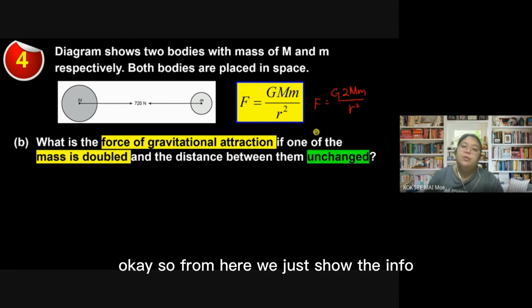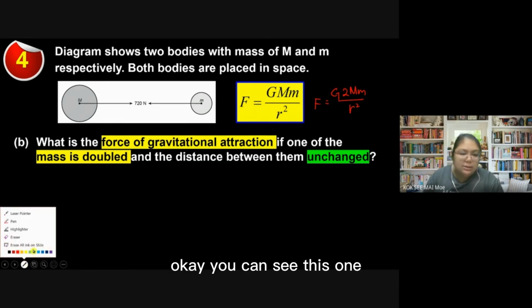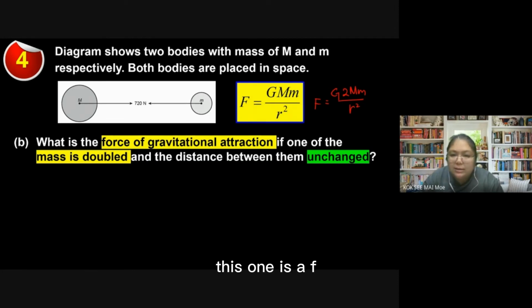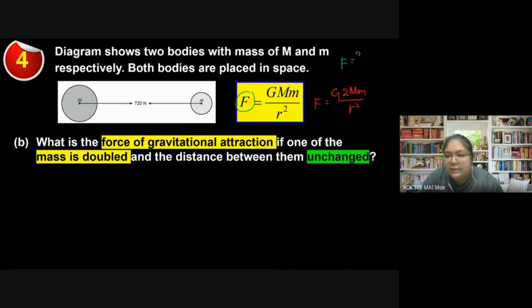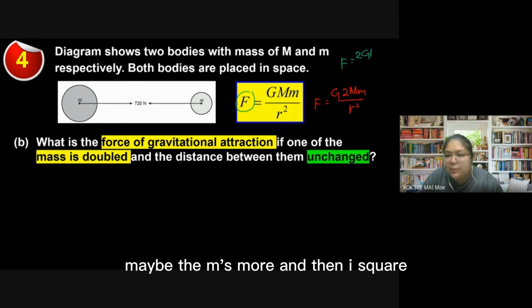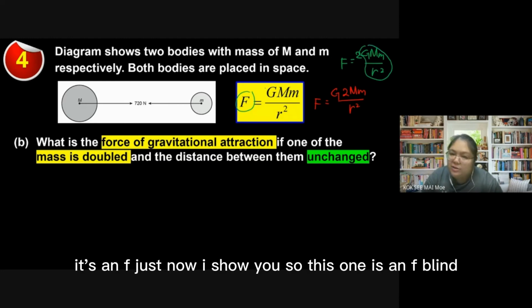So from here we show the info. I use another color. You can see this one is F, same as this equation. If I take out the 2 here, G capital M small m over r squared, actually this one is the F I just showed you.